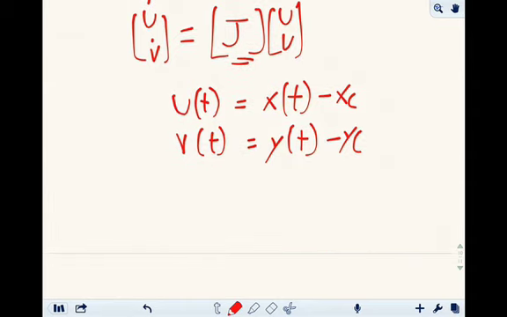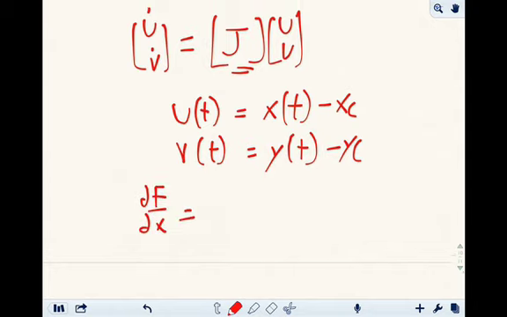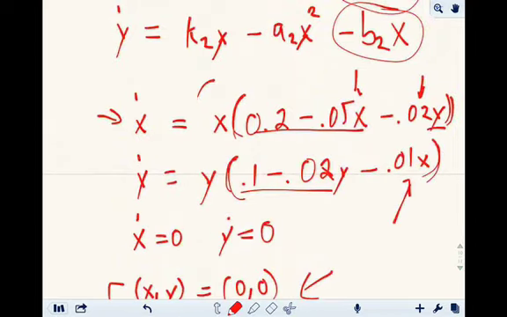So we need each of these partial derivatives that exist in our Jacobian, partial f, partial x. So coming back again, f is this right hand side here.